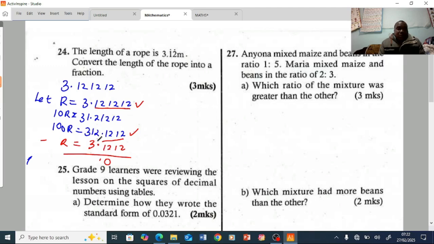Now 312 minus 3 is 309, equal to 100R minus R, which is 99R. Now we have 99R is equal to 309.